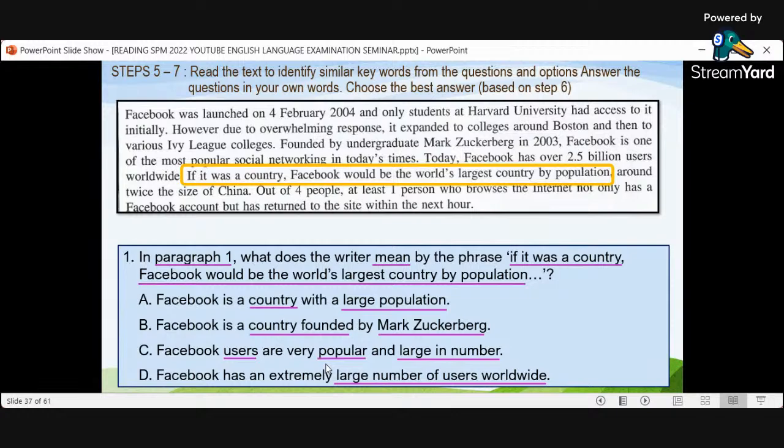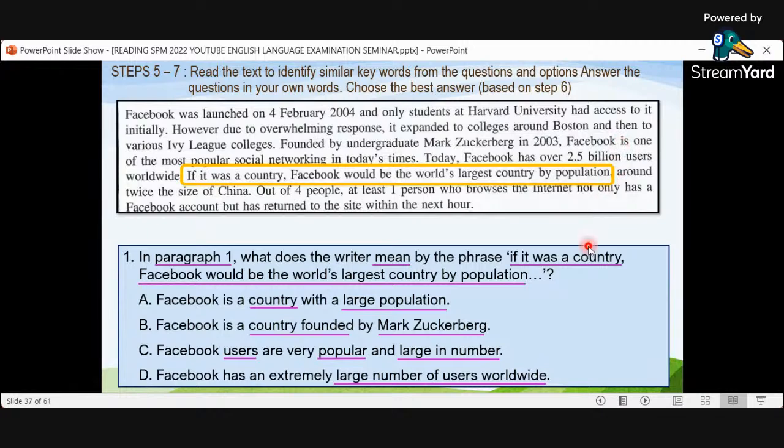So you have to look at the sentences before and after. Okay, Facebook is one of the most popular social networks in today's times. Alright, and out of 4 people, at least 1 person who browsed not only has a Facebook but has returned. So is it talking about popularity or is it talking about a large number of users worldwide?